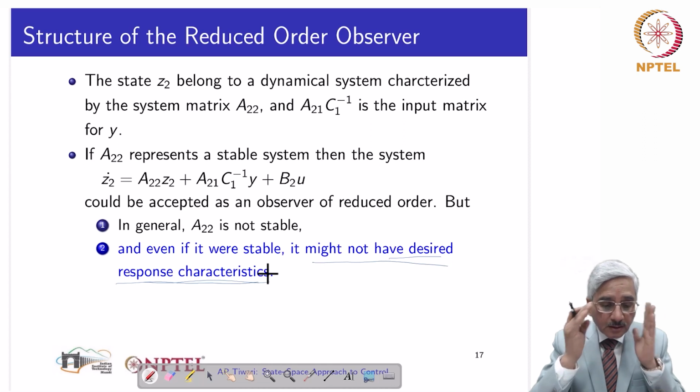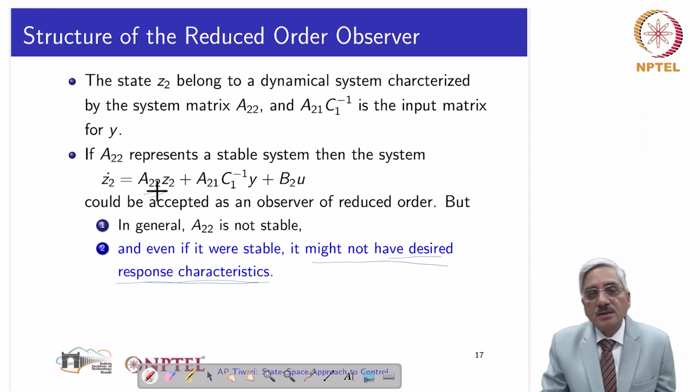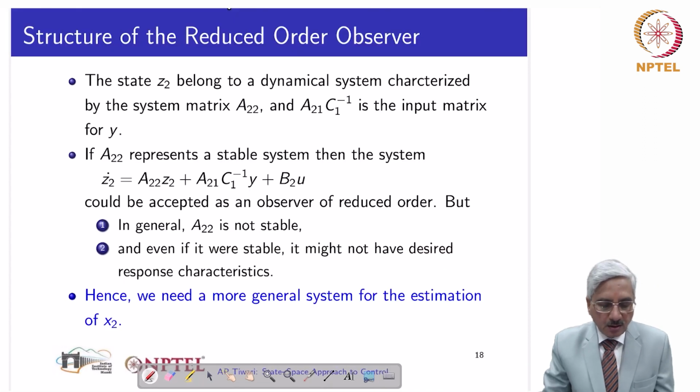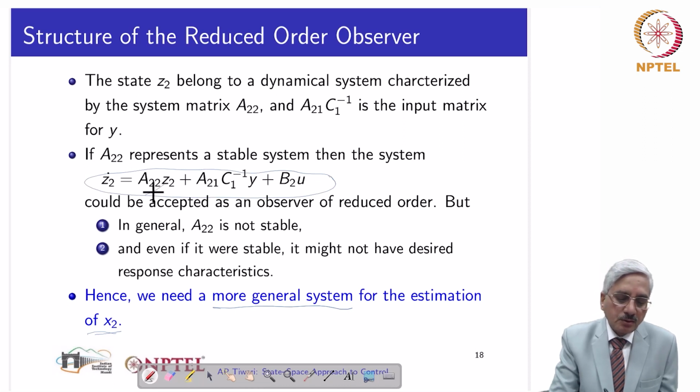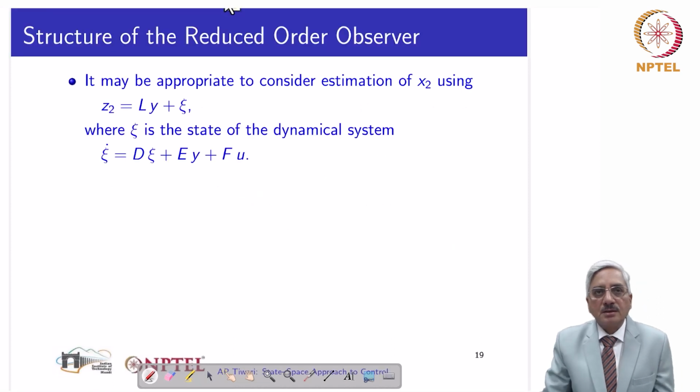So A22 may not represent a stable system, and in some very few situations when it does, its response characteristics may not be very desirable. So we need to design a proper observer. A more general system needs to be designed for estimation of states z2. This system need not be accepted as it is, even though A22 has stability properties. We are going to consider that, and that is the reduced order observer.